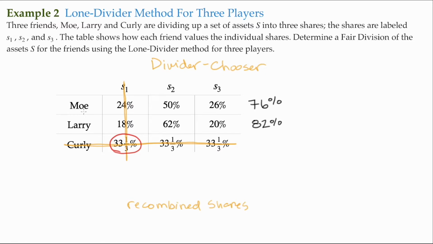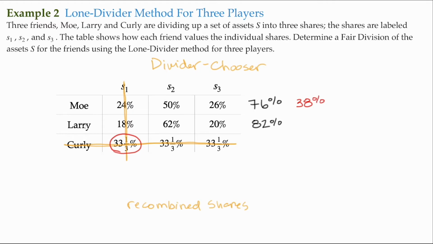So suppose Mo wins the coin flip or loses the coin flip, depending upon how you look at it, and Mo becomes the divider. Then Mo can guarantee himself 1/2 of the recombined asset, and 1/2 of 76% is 38%. Since he's the divider, he can guarantee himself 38%.